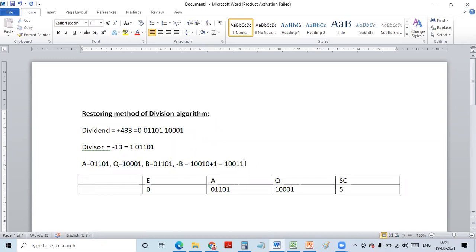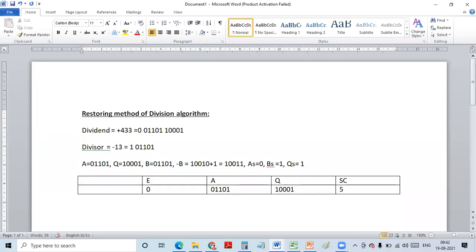Signs are stored in other flip-flops, AS, which is equal to 0, and BS is equal to 1. So as per this, your QS, which is the sign of your quotient, XOR of AS and BS, obviously it is 1.